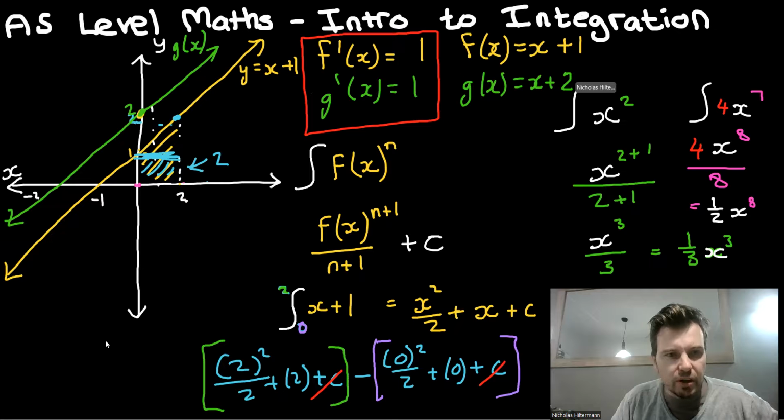Wait, why did I have a plus? Oh, because I went to 2. I'm doing the wrong thing to the 2. So x was 2 here. Should be 4.